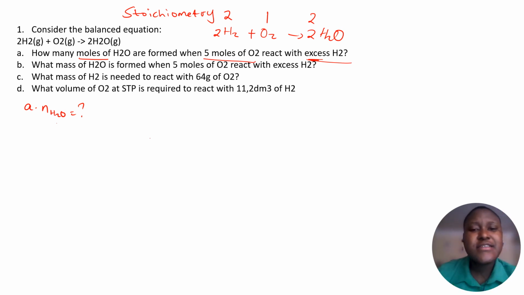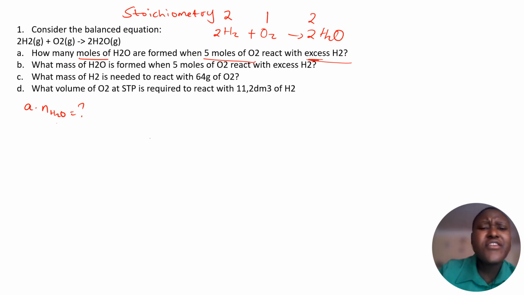Because for the reactant which is going to be in excess, some of that reactant will be used in the chemical reaction and some will remain. So not all of that reactant is going to be used, so you want to stay away from it.